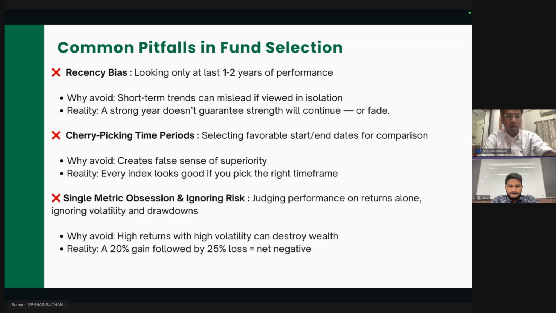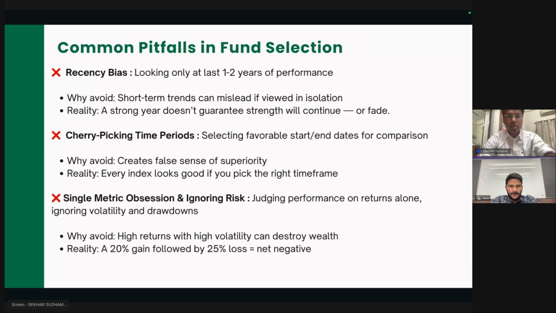Then the third kind of pitfall that we usually observe is putting the lens only on returns and obsessing only on returns as a metric to select a fund. One should also pay heed to the risk, the volatility, and the drawdowns of a particular strategy, and then come to a conclusion, because returns and risk are two sides of the same coin.